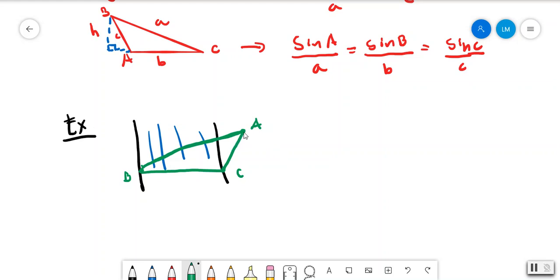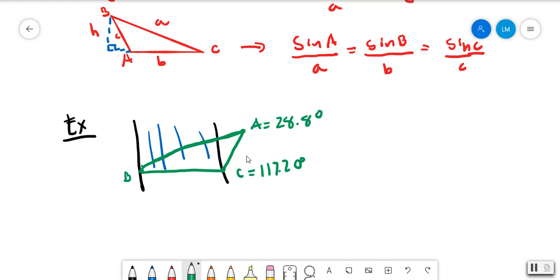Okay, so the thing that we do know about this problem is that the angle that forms right here at C is 117.2 degrees. The other thing we know is that the angle right here is 28.8 degrees.